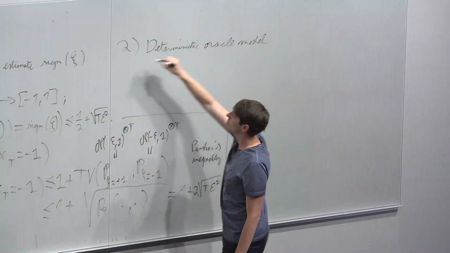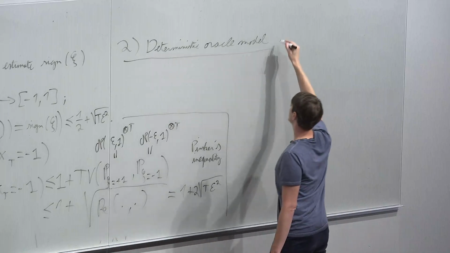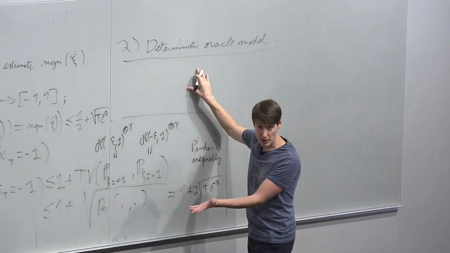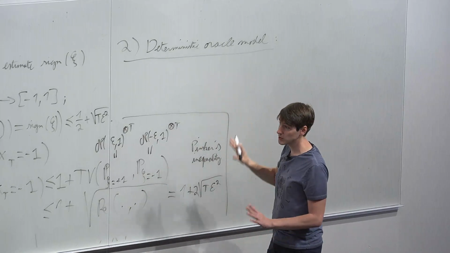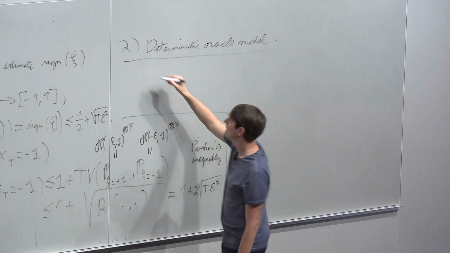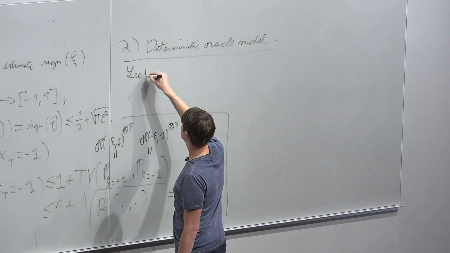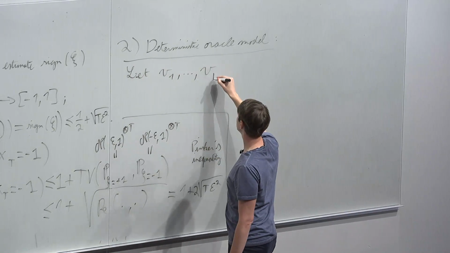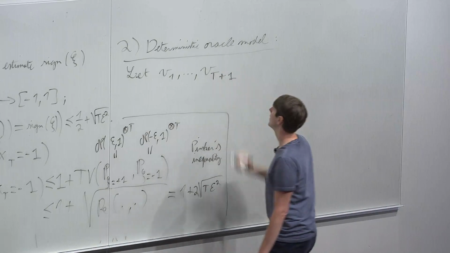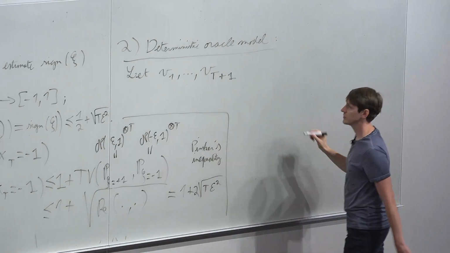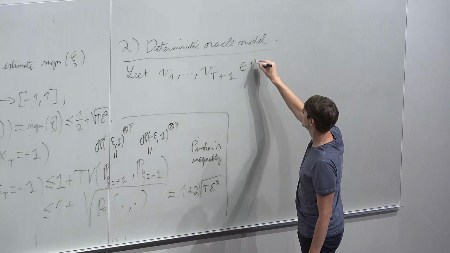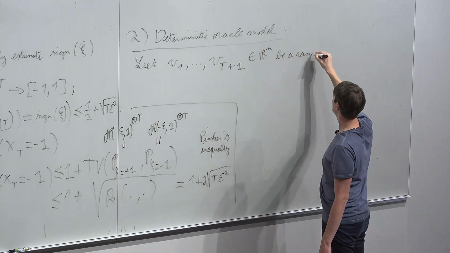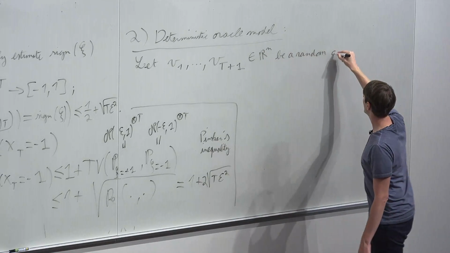So here we're going to look at a very, very beautiful function. Again, I need to construct a random function. Now my random function this time is going to be more complicated. So let v1 up to v_{t+1}, so I have t plus 1 vectors in R^n, be a random orthonormal set.